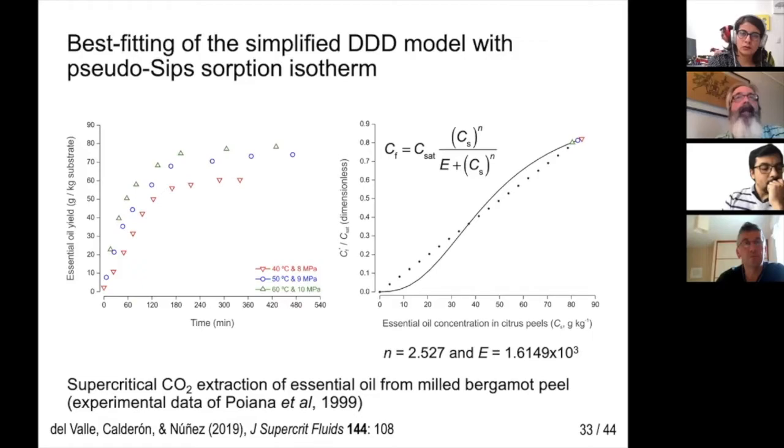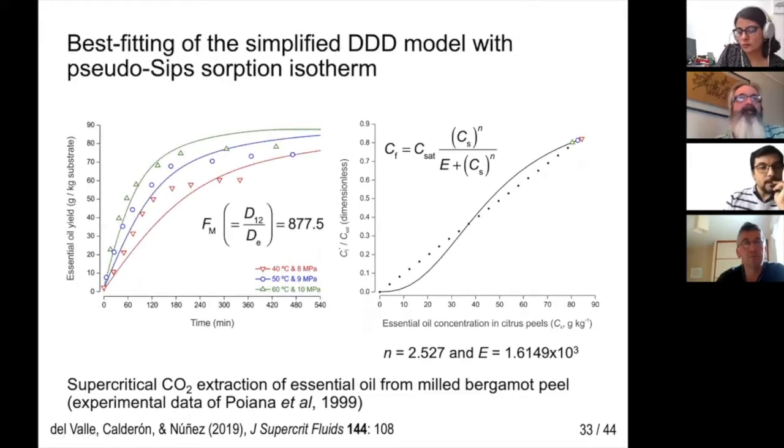The few combinations of residual essential oil content and operational solubility following the static extraction, in symbols, bring doubt on the sorption model parameters. We selected N and E values such that the sorption model, the continuous line, approached the linear partition assumption, dotted line, typically adopted when applying a linear driving force hypothesis.